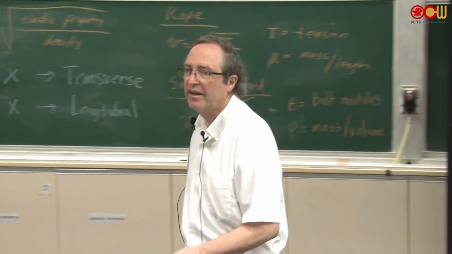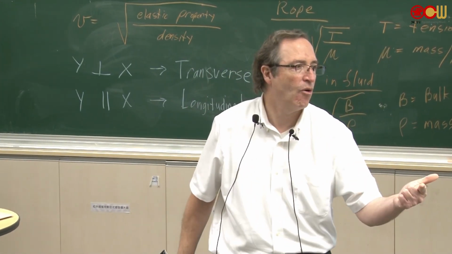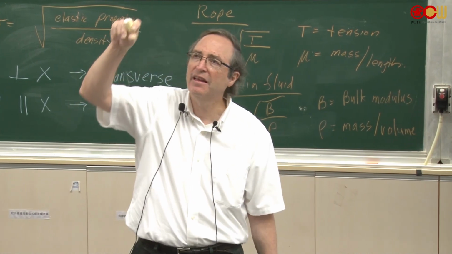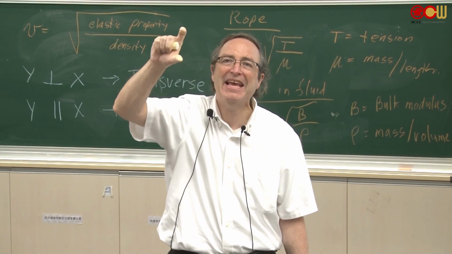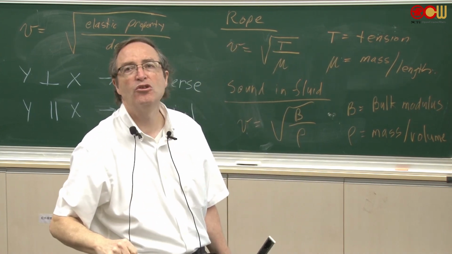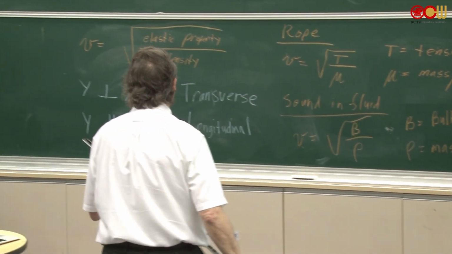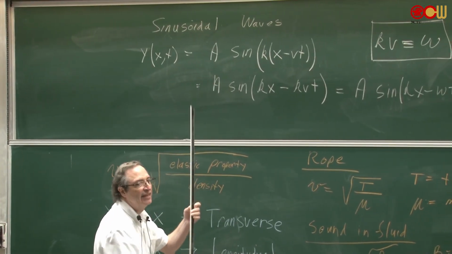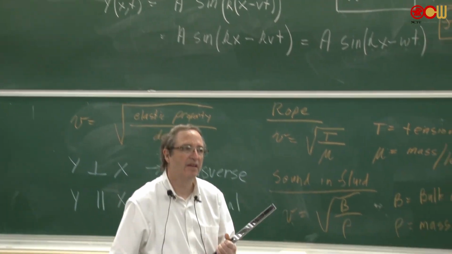All of these quantities, intensity, power, or if I looked at the energy density of a wave, like let's say I took a piece of space and asked how much energy is there in that space due to the waves, they all are proportional to A squared, the amplitude squared.